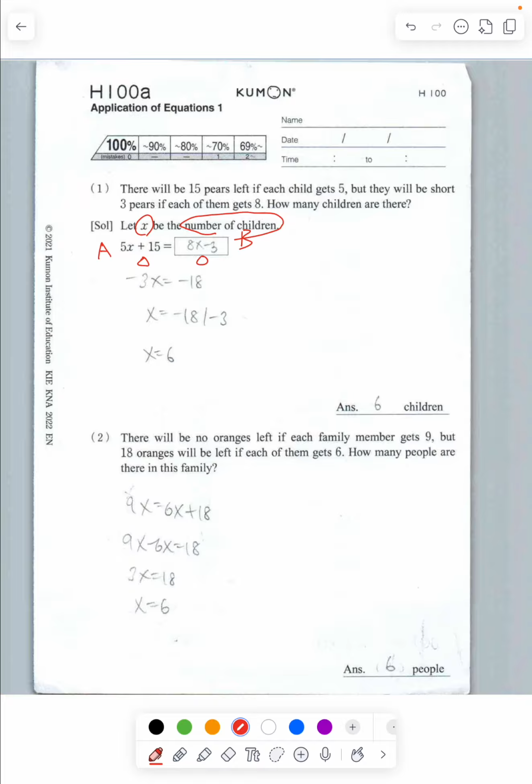So in scenario number A, each kid gets 5, which means that 5x plus 15. That would be the total pairs. Okay? What about scenario number B? So 8x, be short, minus 3.